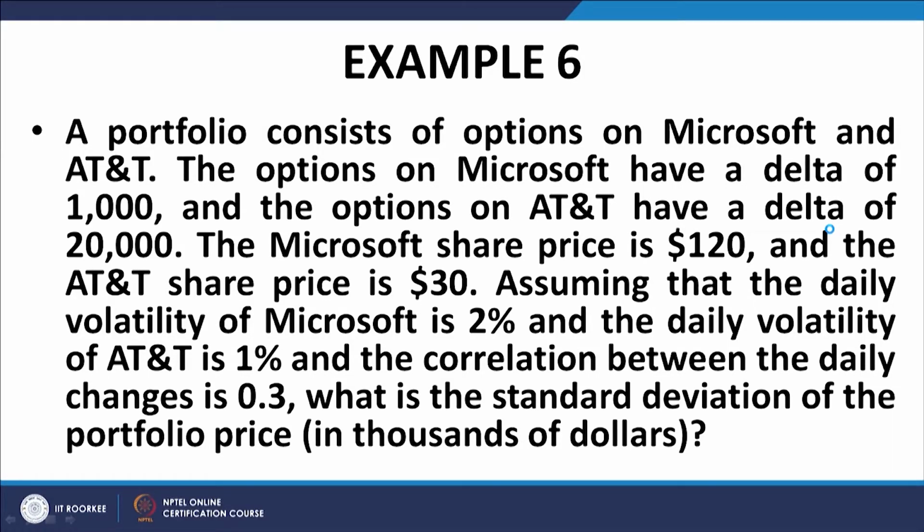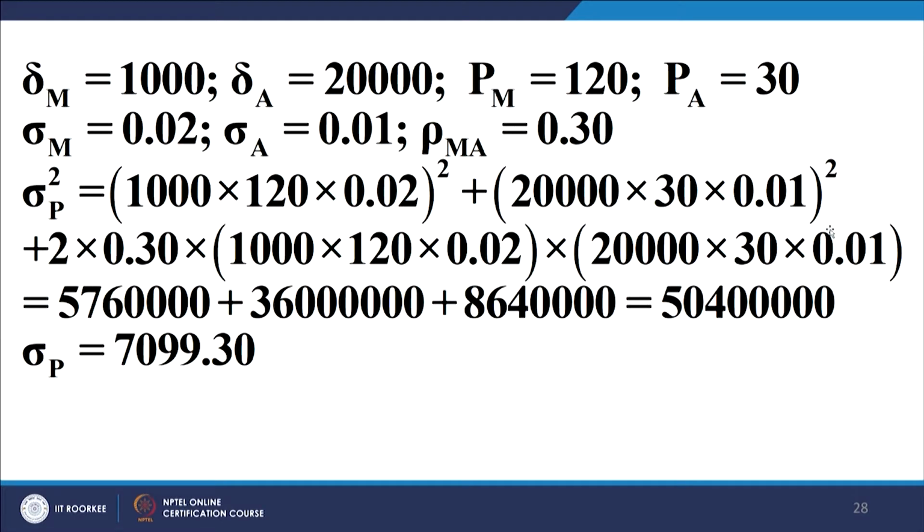So, this is an example where we have got a portfolio of options. Microsoft and AT&T: Microsoft has a delta of 1000, AT&T has a delta of 20,000, Microsoft stock price is 120, AT&T stock price is 30, volatilities are given as 2% and 1%, correlation is 0.3. So, literally everything is given.